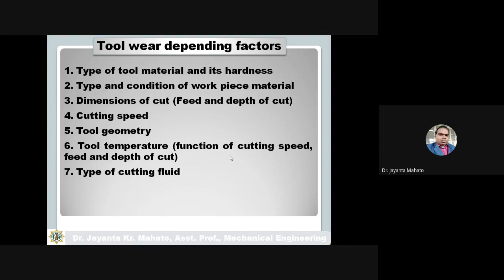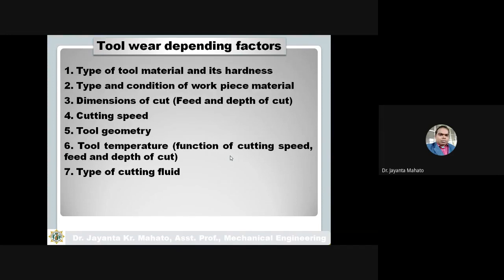Okay, tool geometry. Sometimes this tool geometry also matters. In the previous class, I told you tool geometry means different angles, as for example, the positive rake angle. So, if you give a positive rake angle, then in this case the chip will be removed easily.